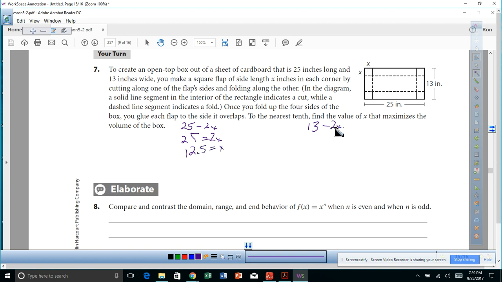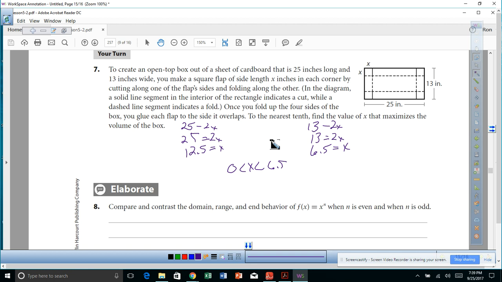This is going to be a constraint here. And 13 equals 2x gives 6.5 equals x. So the domain is going to be 0 is less than x is less than 6.5.